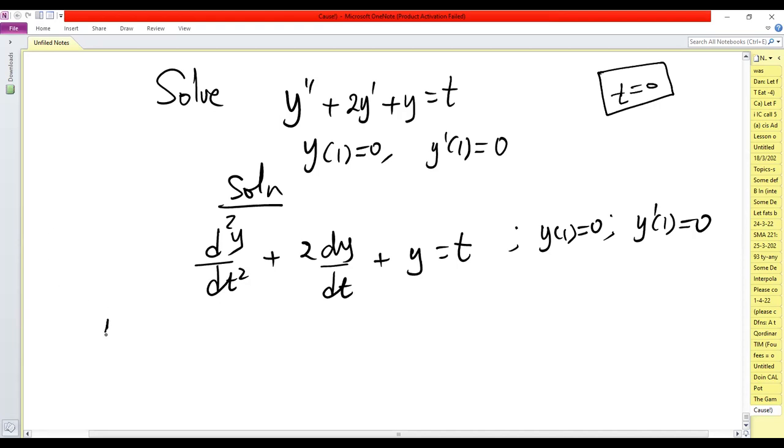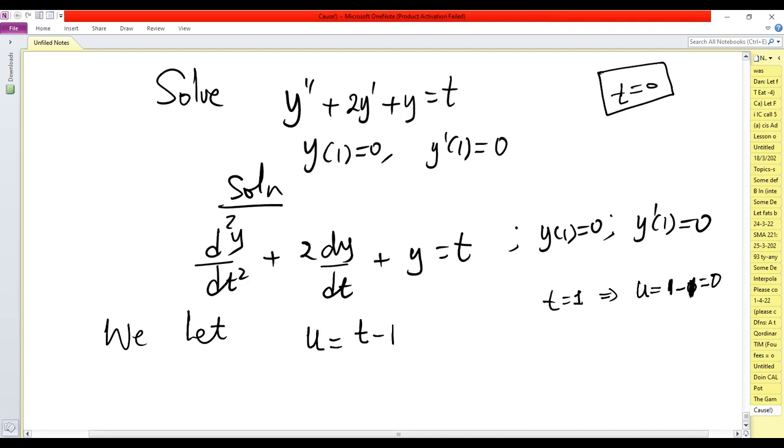So we let a new variable u be given by t minus 1. What is prompting us to say let u be t minus 1 is that when t is 1, we'll be assured that our new variable u will be 1 minus 1, which is 0.